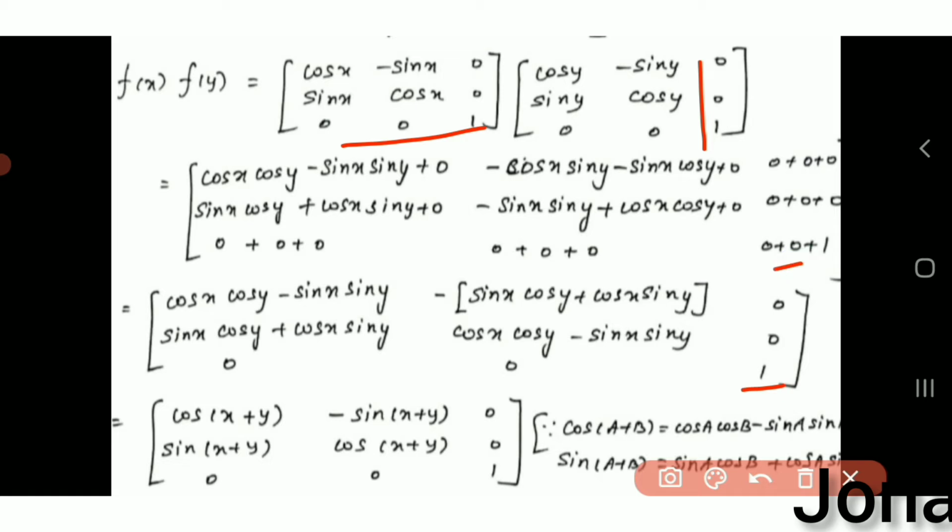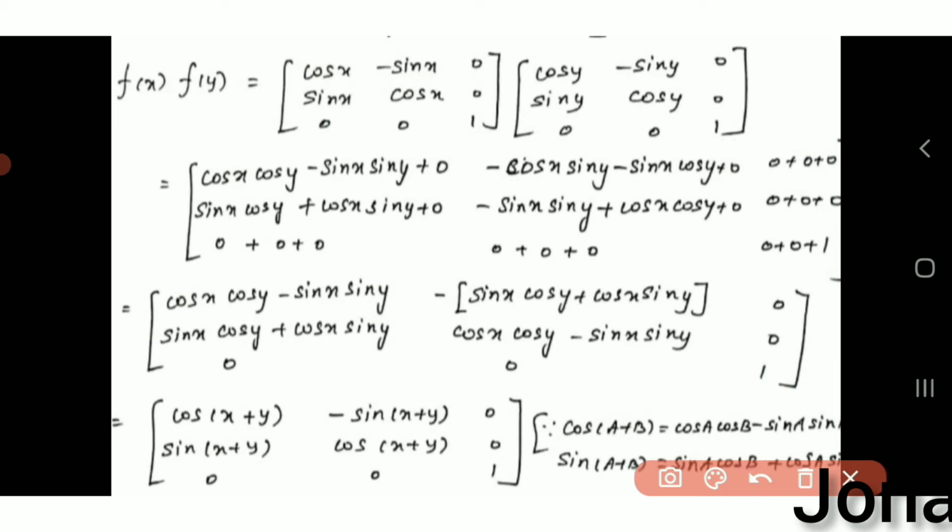So if you simplify, in the first entry, cos x cos y minus sin x sin y, here we can take minus as common. So sin x cos y plus cos x sin y, here it is 0. Then here sin x cos y plus cos x sin y, here cos x cos y minus sin x sin y. Here 0, 0, 0, 1.